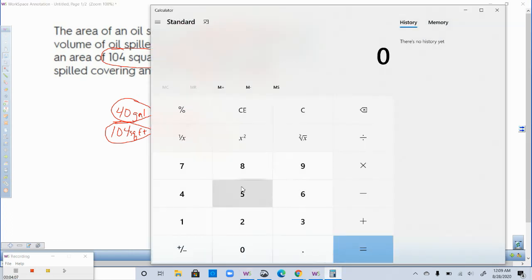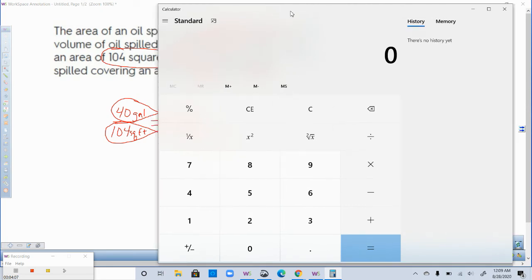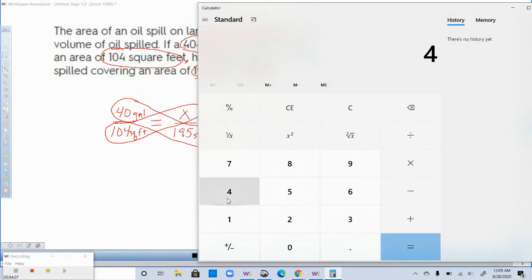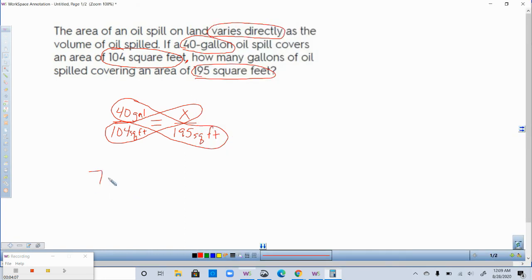All right, so we're going to get out our calculator, and we're going to go 40 times 195. Hit enter. 7,800. And then when we multiply this with the x, we just squish those two together, so 104x.